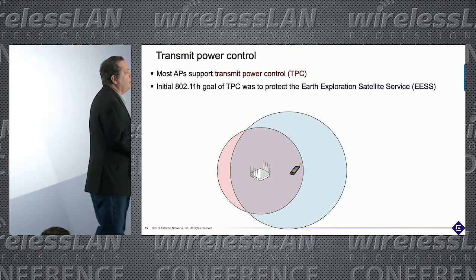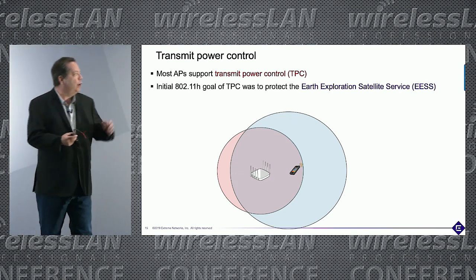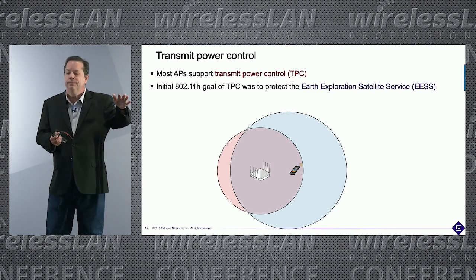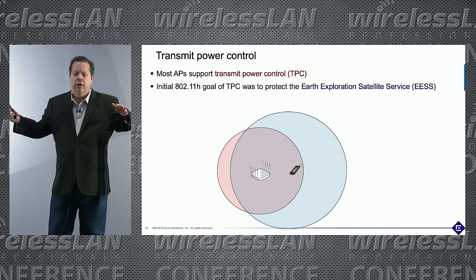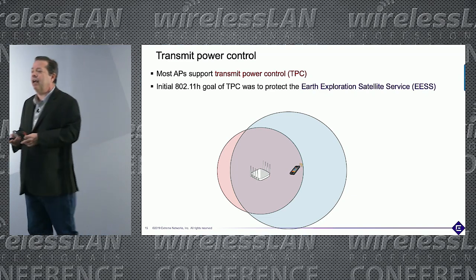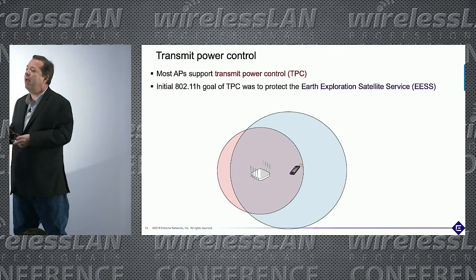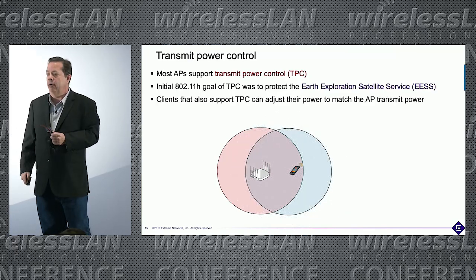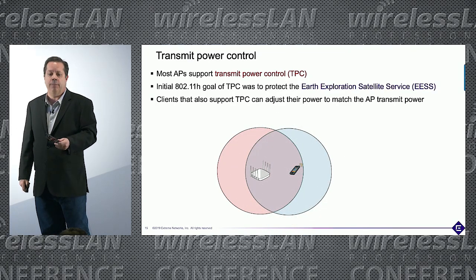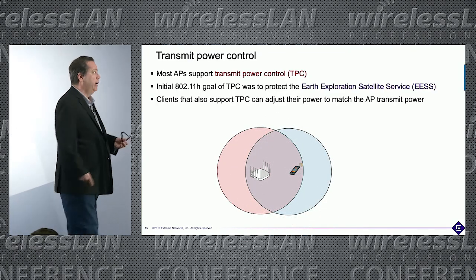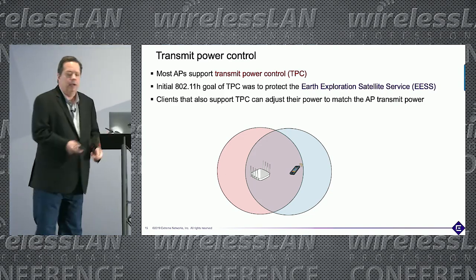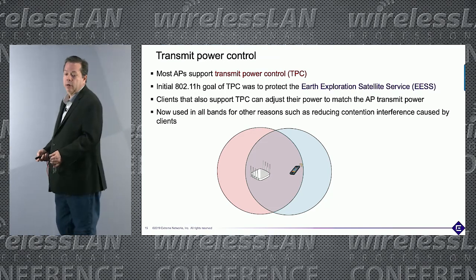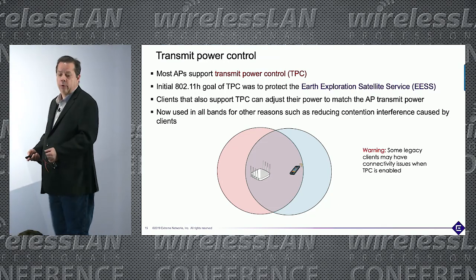This was mainly for outdoors, to protect EESS. If there was a radar event, an AP could command clients to power down and match the power of the AP specifically. So the AP might power down, and the clients might power down at the same time. This was mostly for outdoor.